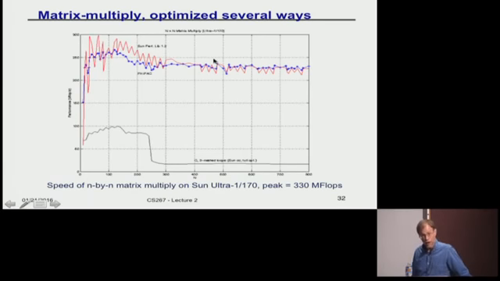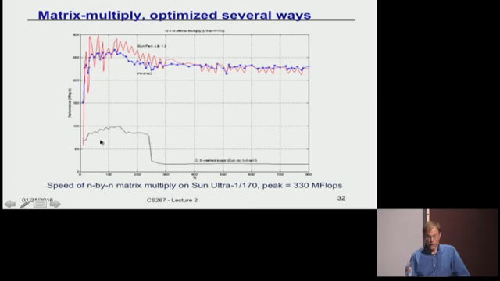And there are 3 different curves corresponding to 3 different ways of writing the code. The black line is the obvious 3 nested loops that we all learned as sophomores or freshmen, with the -O3 flag, so we're asking the compiler to do as well as it can, and it's getting maybe 20 megaflops. The peak on this machine is 330, so it's getting a very tiny fraction of peak.